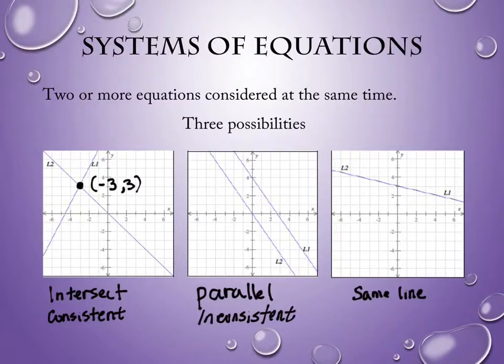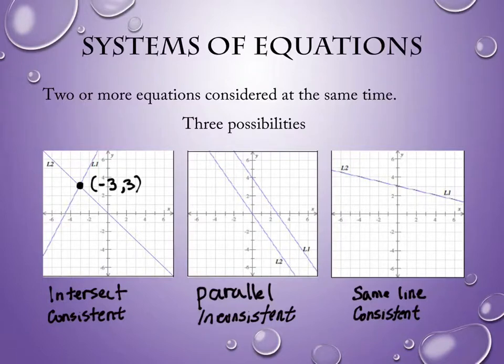The third one feels weird, but is it consistent or inconsistent? It's consistent. Since it's the same line, I kind of like how Keely said it, on top of each other, it intersects at every point, right? Yeah, so it's consistent.